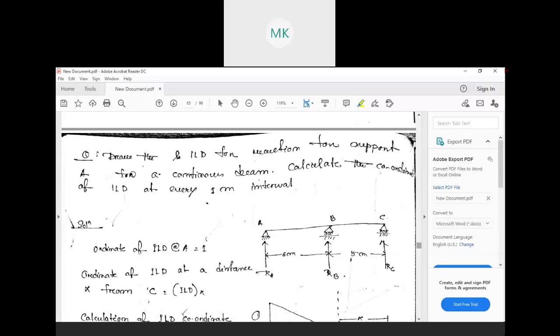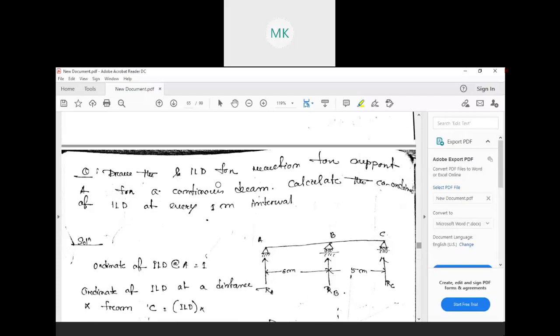What is the question asking? Draw the ILD for reaction for support A for a continuous beam and calculate the coordinates of the ILD at every 1 meter interval. So we need to draw the ILD for the reaction RA, RB for a continuous beam.